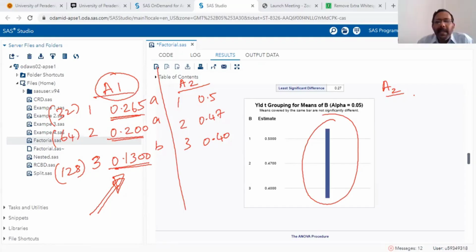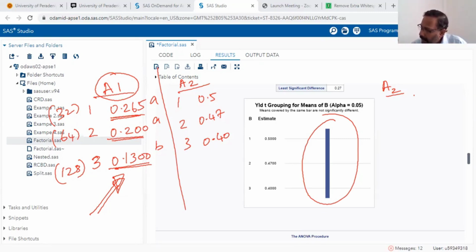Same color means, what does it mean? All are equal, no difference. All are the same. It doesn't matter whether it is a 32 MB computer or a 64 MB computer or 128. All are behaving the same, statistically, not looking at the values now.